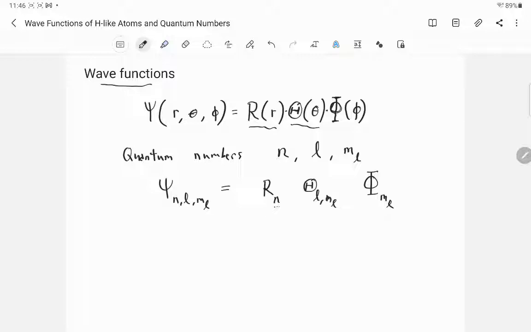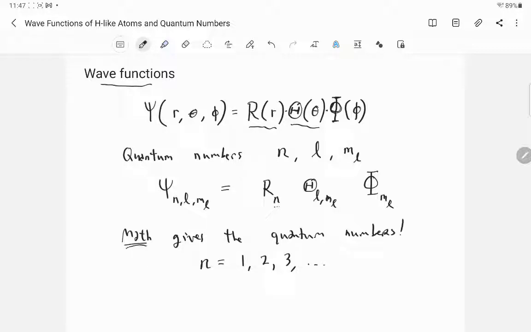What's interesting is that when you just do the math, the math gives the quantum numbers. For example, it tells us that the quantum number n can only take integer values.